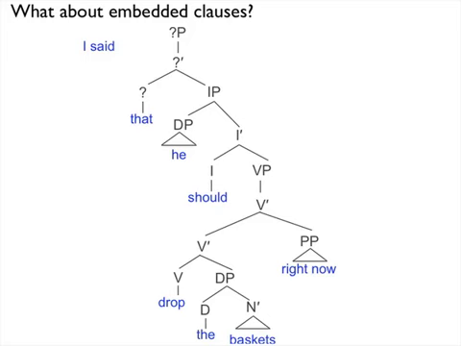So one of the things about this is that if we put a that there, like that, it has to project a phrase. That's part of X-bar theory, right? And if it does that, and it's clearly just a word, right? You can't put a phrase in place of it. Then we would expect that it would have a complement, and the complement would be the clause.